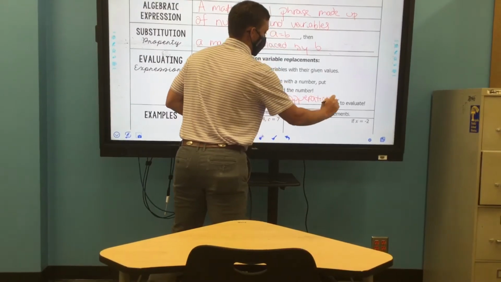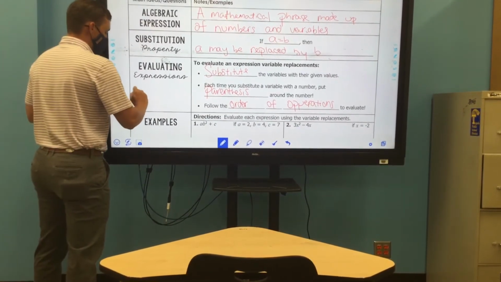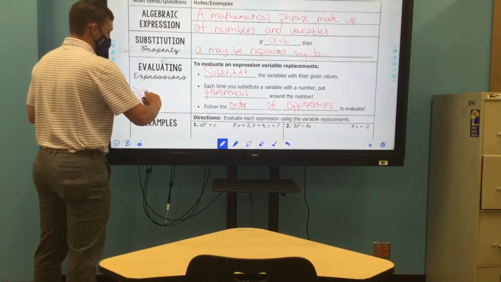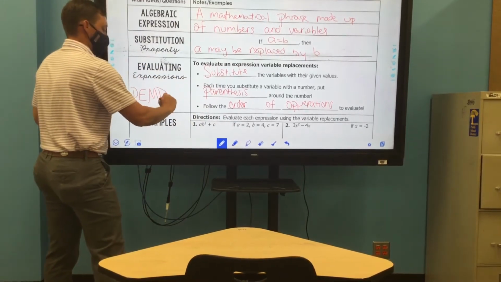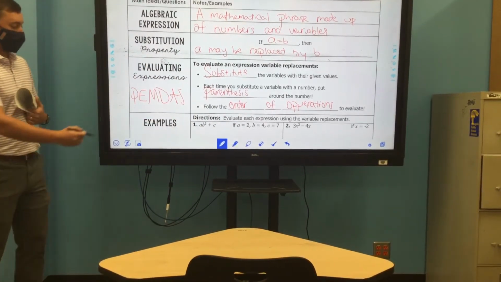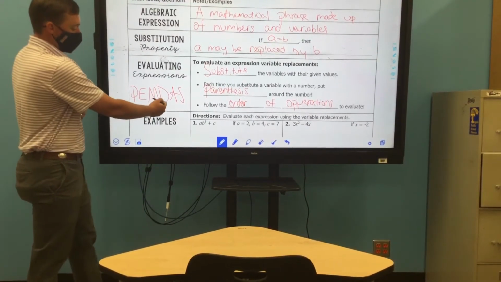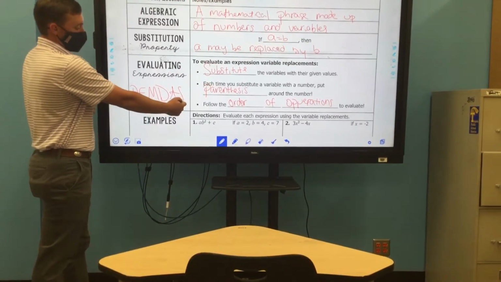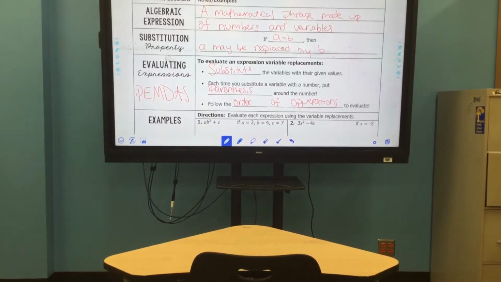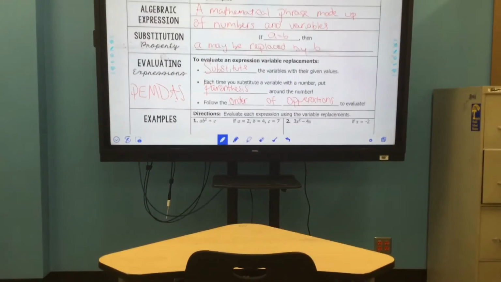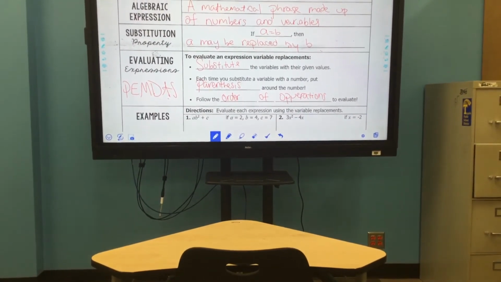We know that the order of operations is PEMDAS, that stands for parentheses, exponents, multiplication, division, addition, subtraction. All right, that's just a little note part, and then we'll get into the actual solving today.